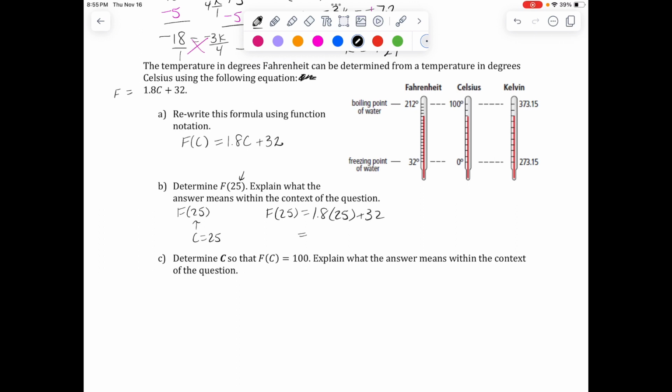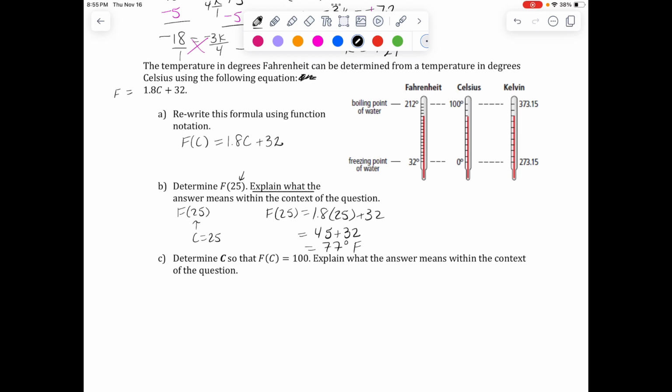And I'm just going to grab my calculator. 1.8 times 25, literally just going to type that in there. That's 45 plus 32, and 45 plus 32, that's of course 77. Whoops, why am I writing 3? 77 degrees Fahrenheit. Okay, so we figured out what F of 25 is.